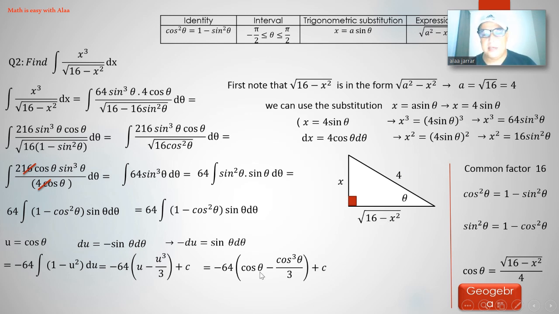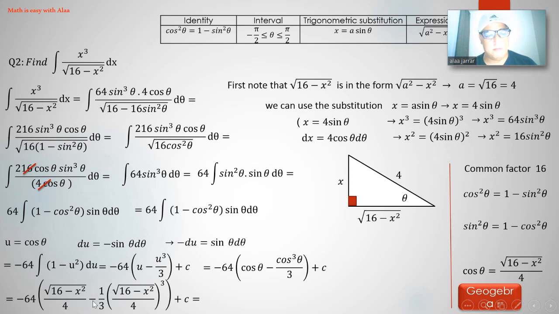Now replace cosine theta by the value of cosine theta. It will be minus 64 times (the square root of 16 minus x squared over 4, minus 1 over 3 cosine cubed theta). We will replace it by the square root of 16 minus x squared, all cubed, over 4 cubed. Now plus c.